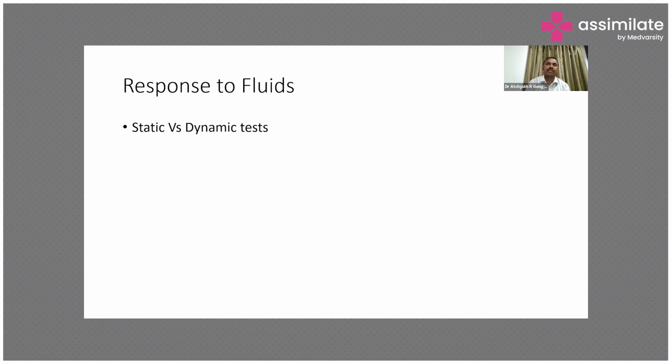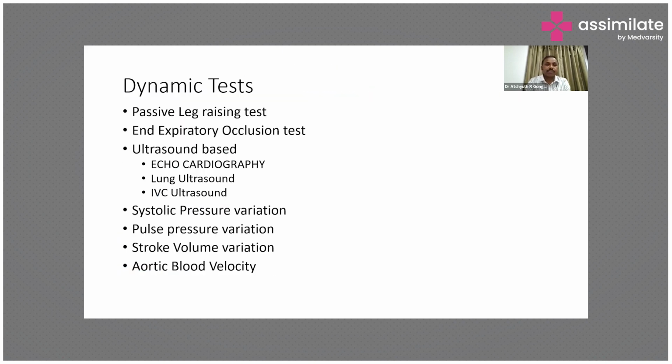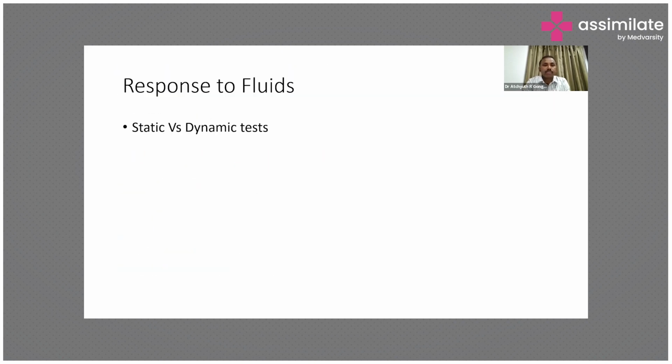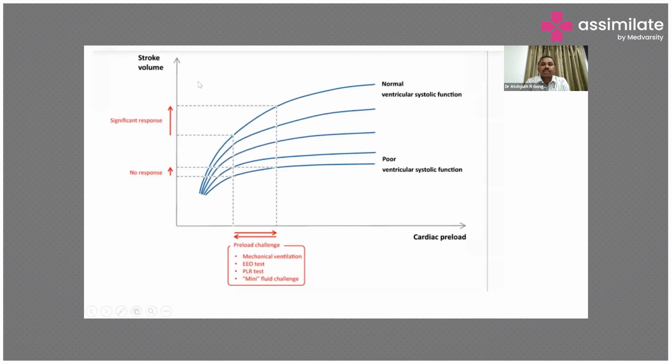So in the example I have given, your patient is somewhere here. The patient's stroke volume is on the lower side, and the patient is not able to maintain the blood pressure, and you wish to give diuretic and bring him back to the normal physiological range.